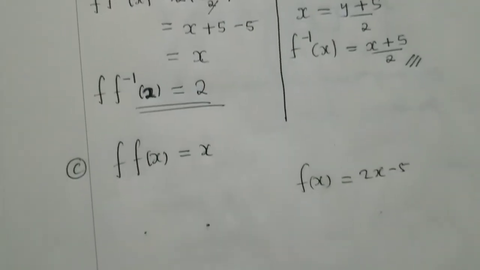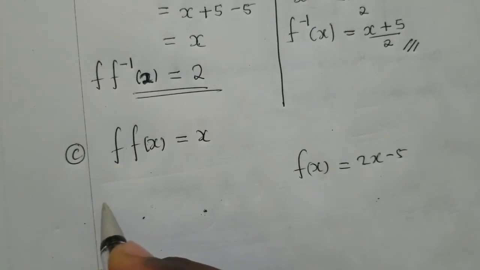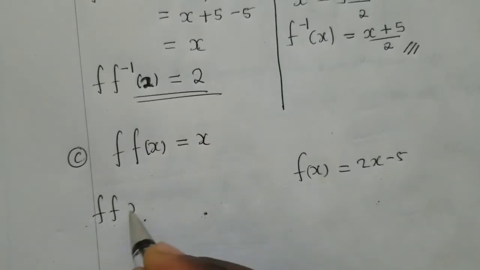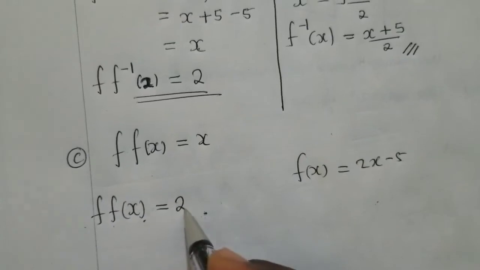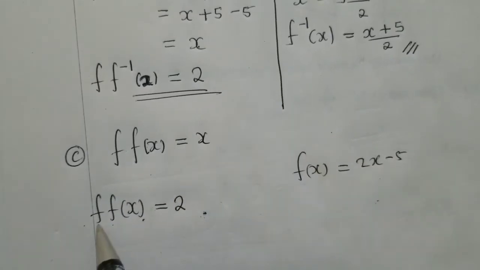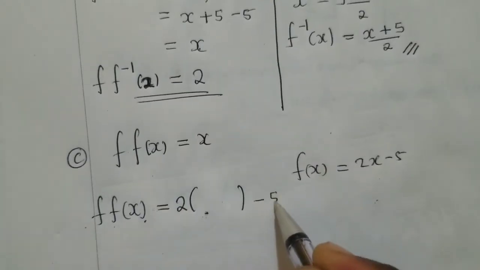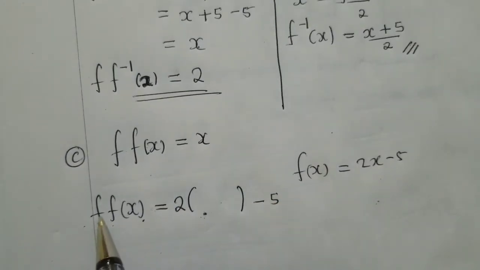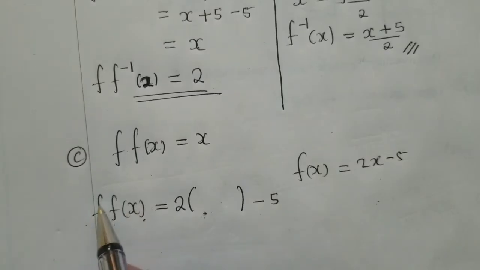So what we're going to do is to find f of f of x. This one, we just write the function which is outside, which is f. We write open bracket, we leave space. Or in other words, this function inside is being swallowed by this other one.